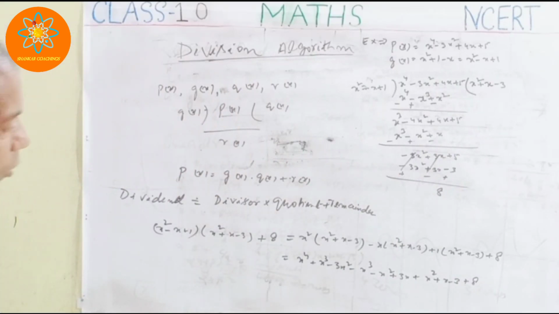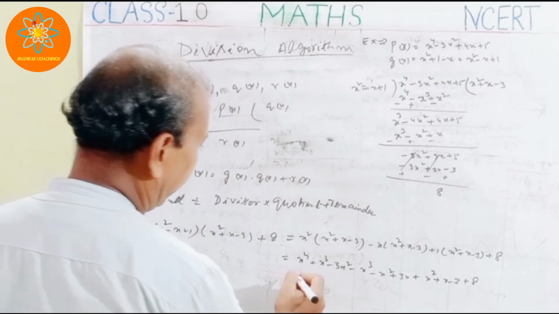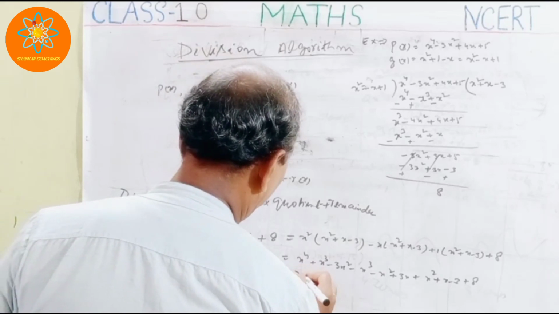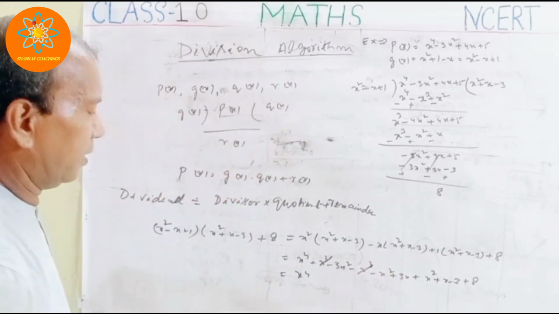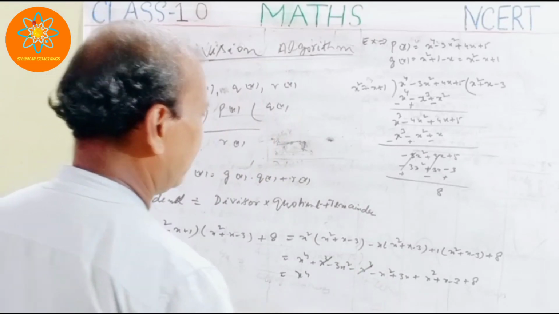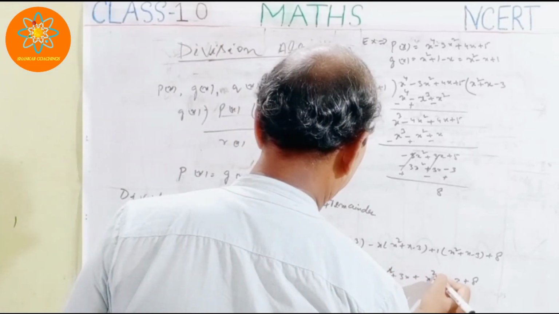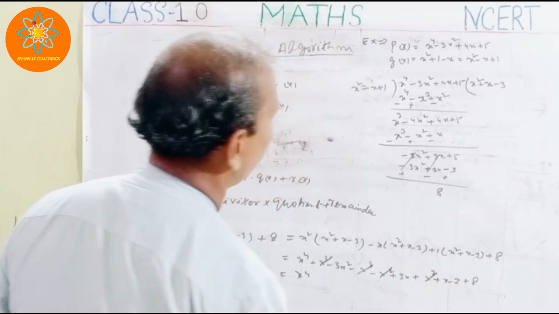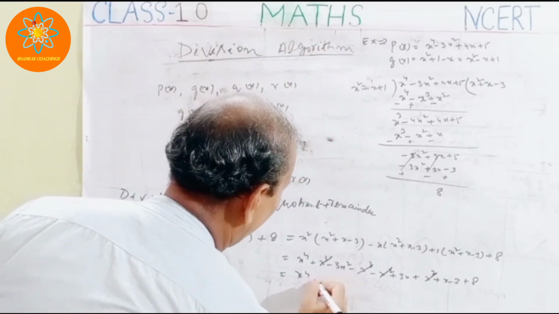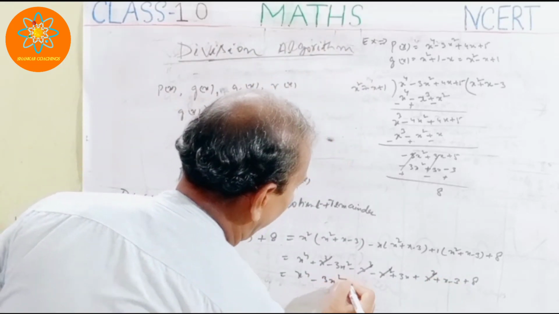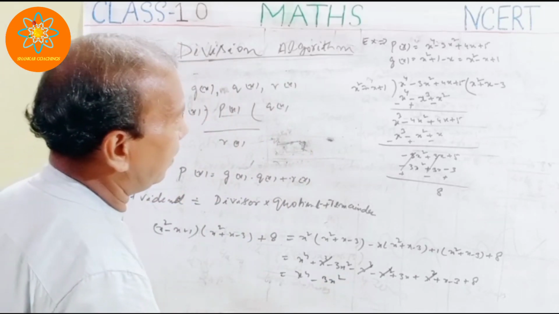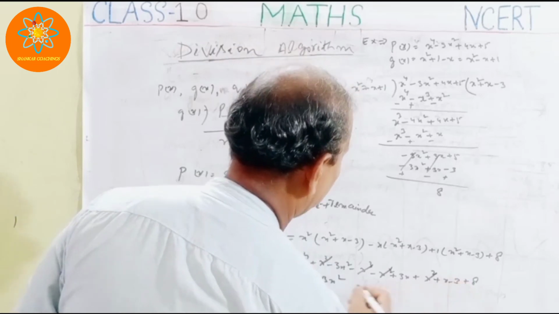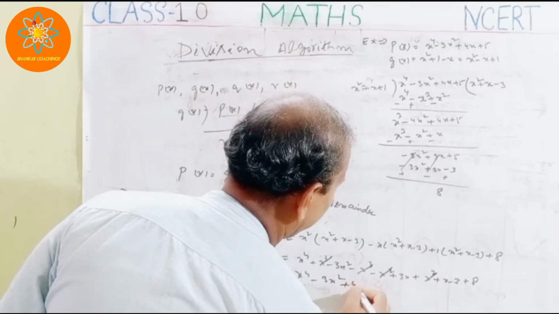Now I will solve this one. Solving, what I am getting here: this is x to the power 4. This x cube and this x cube will be cancelled out. Now this x square and this x square will also be cancelled out. So x4 minus 3x square. Then I have 3x plus x, so this is plus 4x.